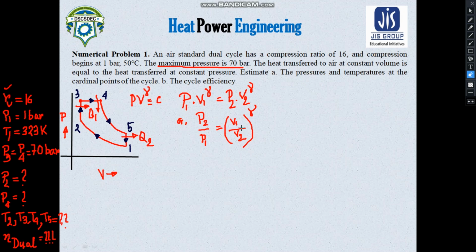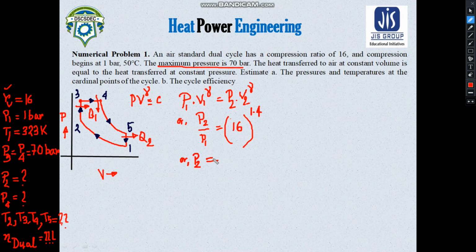So it will be simply replaced by 16, because V1 by V2 is nothing but the compression ratio. And what is the value of gamma for air? For air, it is taken as 1.4. We have discussed these things a lot of times, and I believe you have no problem understanding this. P1 is nothing but 1 bar.